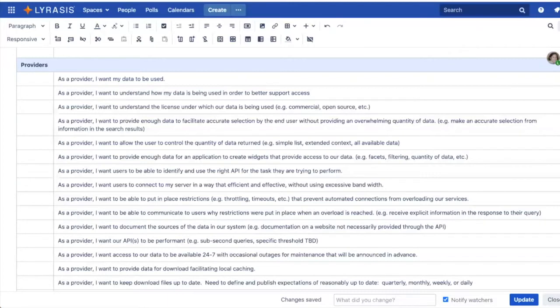So I would rather have processes in place in our own company that analyze the way our APIs are being used.